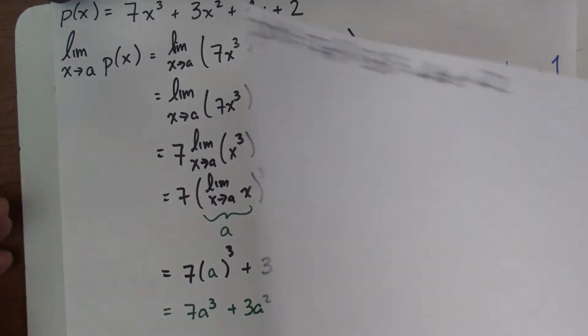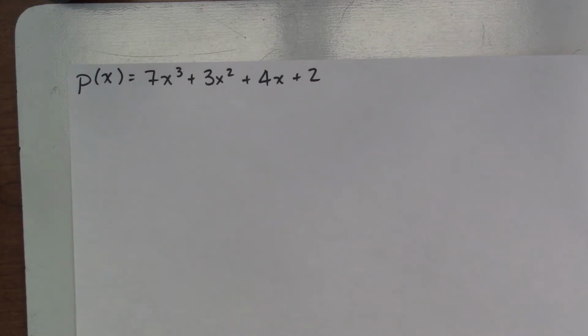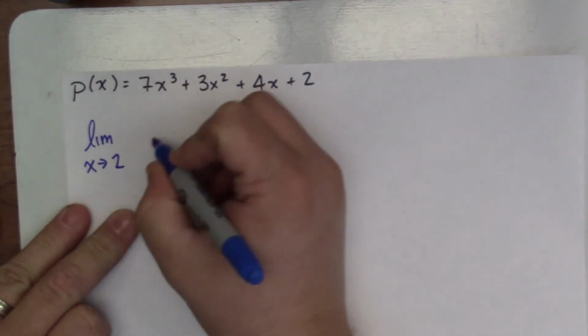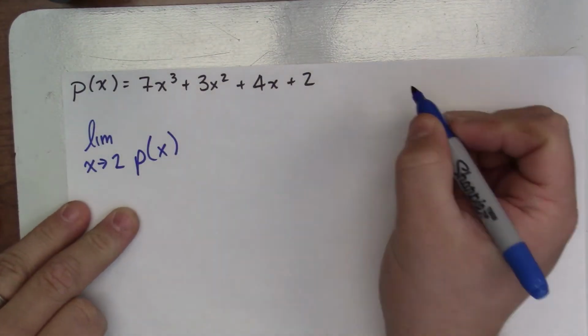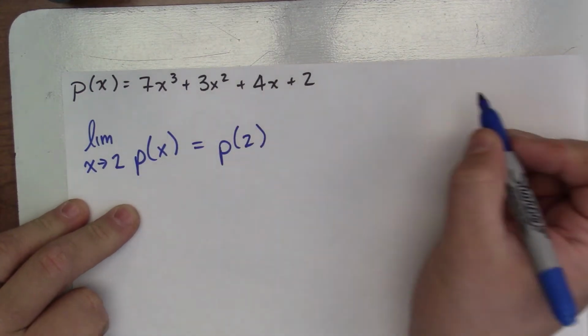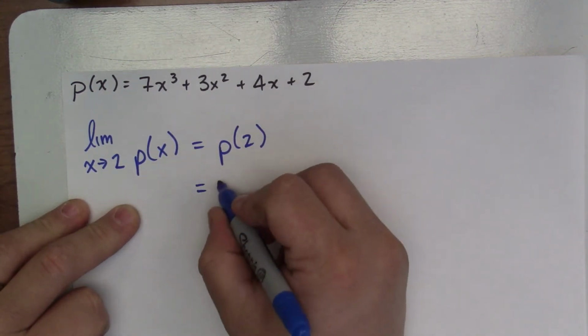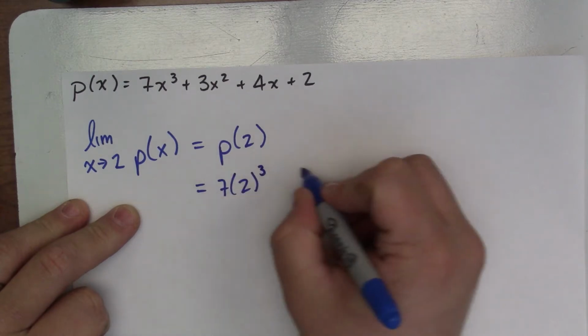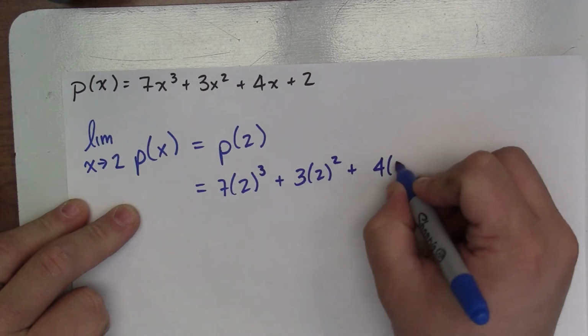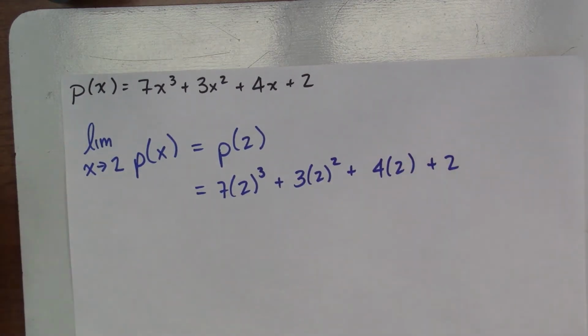So if I come back, I'm going to take a new piece of paper on this one because the last one was rather full. If I want to know what the limit as x goes to 2 of p of x is, well, that's just p of 2, or 7 times 2 cubed, 3 times 2 squared, 4 times 2 plus 2. And I could work that out.